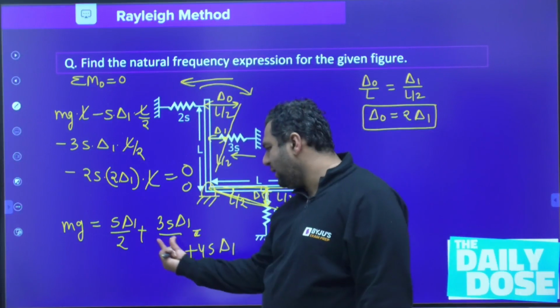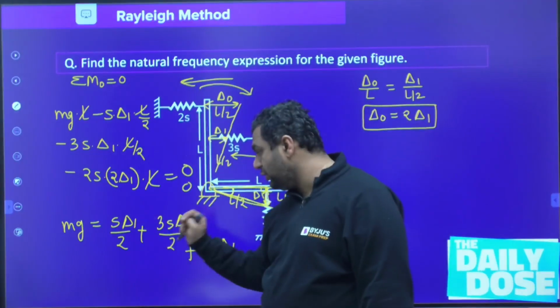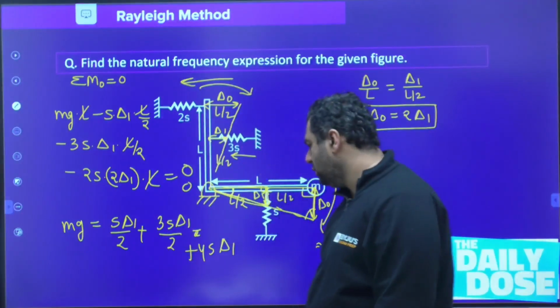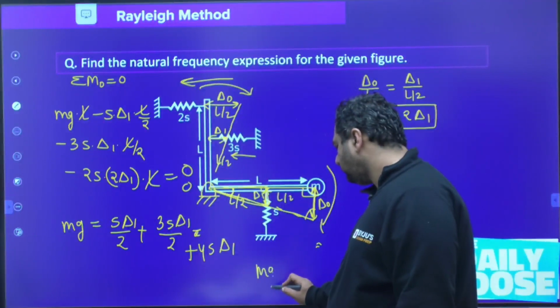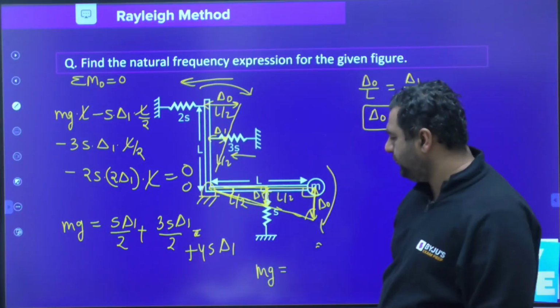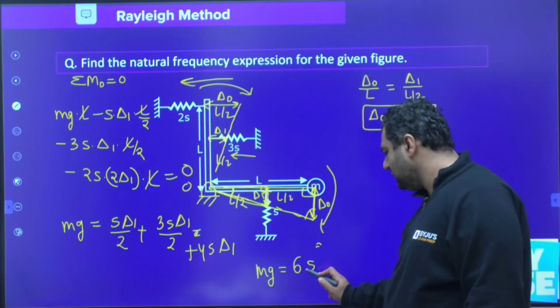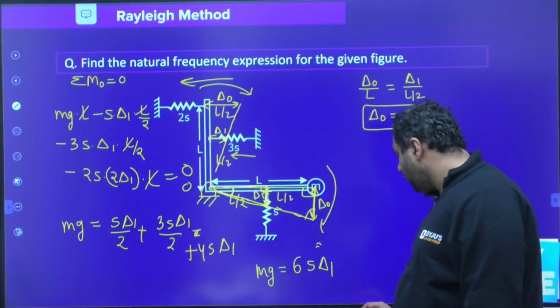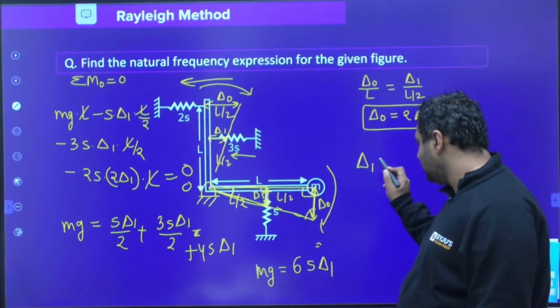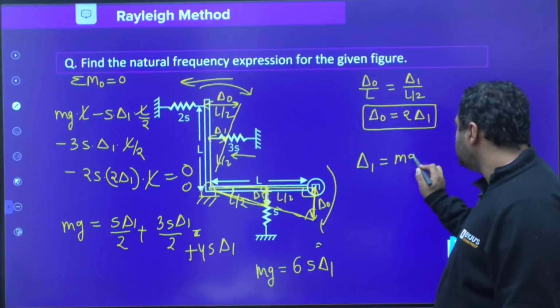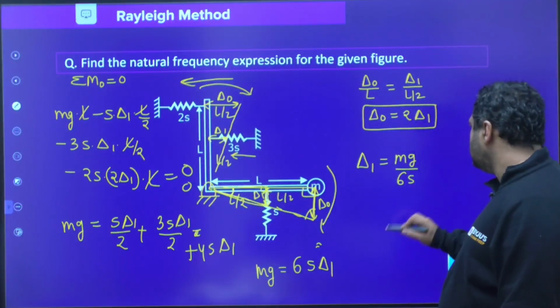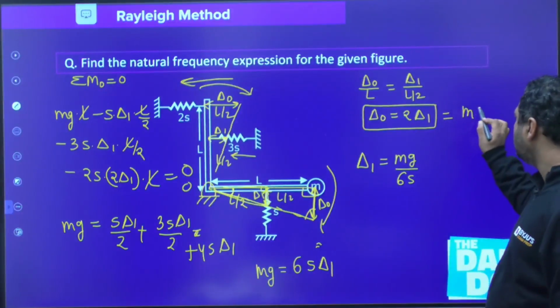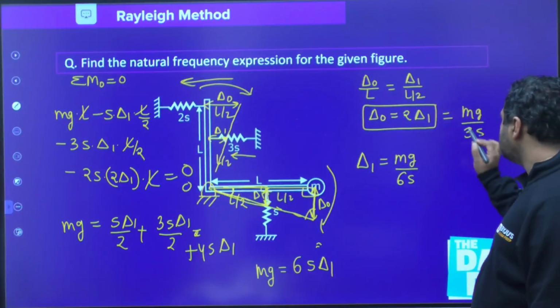You can see this is by 2 by 2, so 3 plus 1 is 4, and 4 by 2 is 2. So mg will be 6S delta 1. From here you can write delta 1 is mg by 6S, so delta naught is mg by 3S.